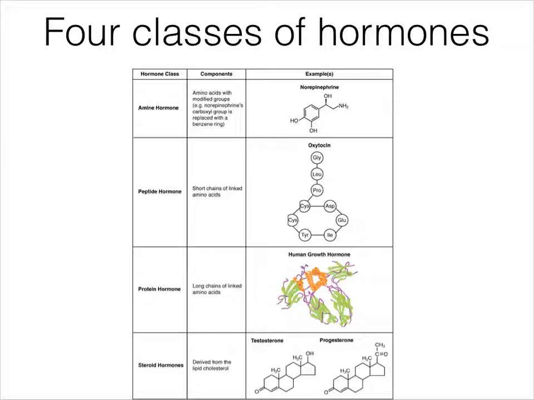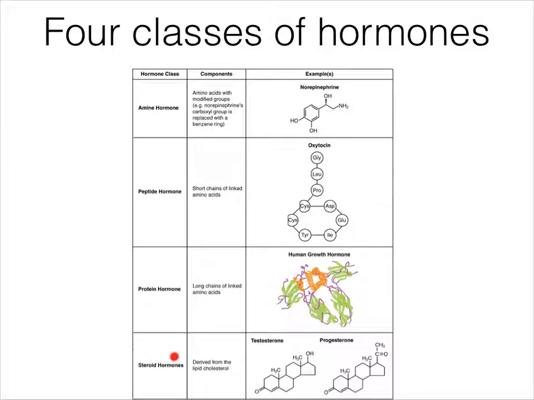So human growth hormone is a good example of a protein hormone. Collectively, these three classes are often referred to as the amino acid derivative hormones, right? You're either making something from a single amino acid or a short chain of amino acids or a protein that's made out of lots of amino acids. They're all basically made out of amino acids.